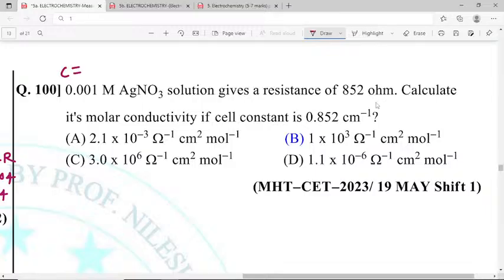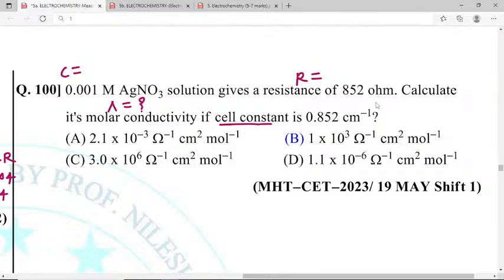Concentration 0.01 is given. Resistance is also given. Calculate the molar conductivity, lambda. Cell constant is given. So what is the formula?